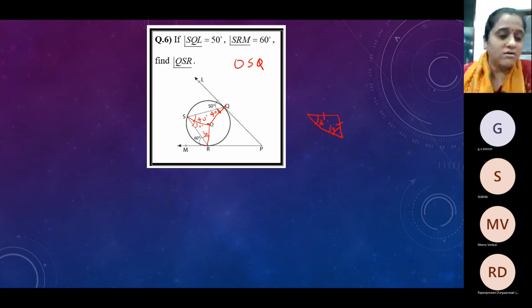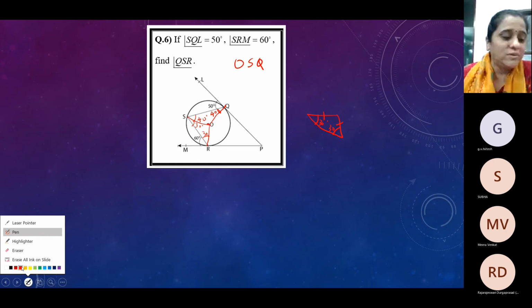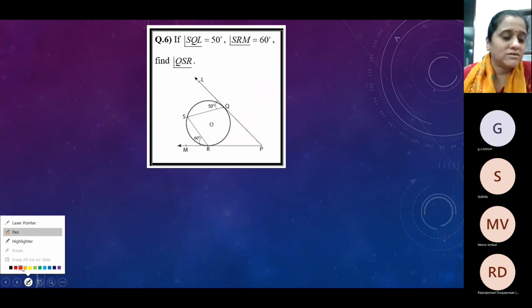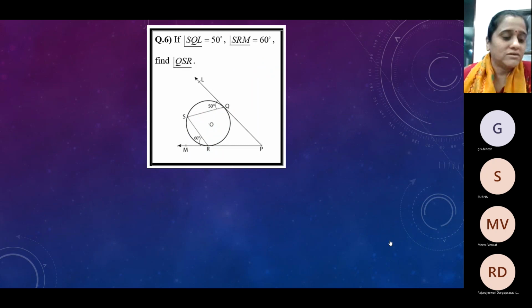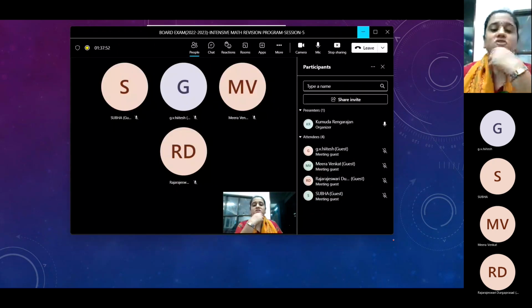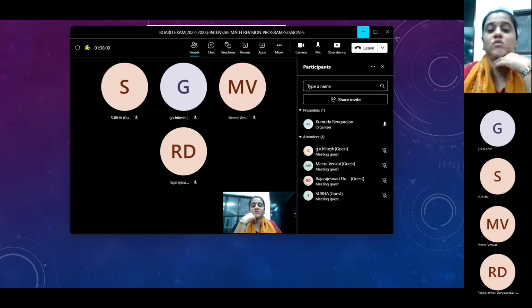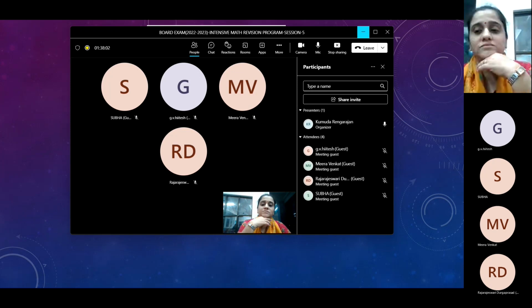So now, who among the online students wants to explain this? Repeat the explanation. Anybody? Rajeshwari, Meera, Hitesh, Shubha. Yes, volunteer.